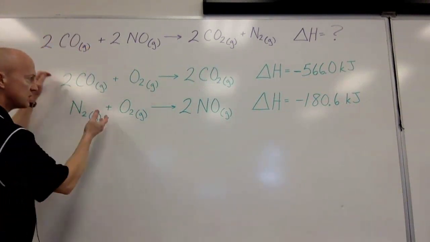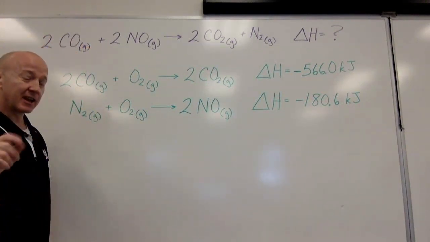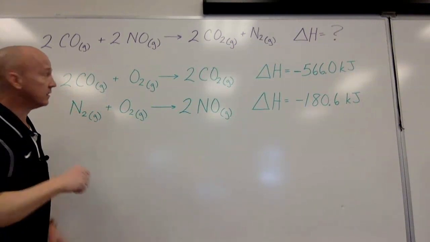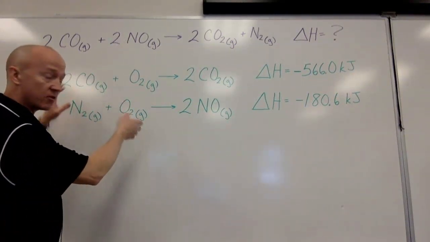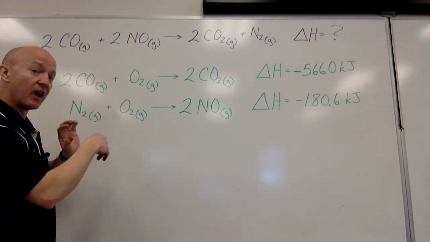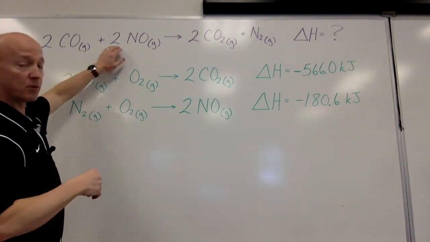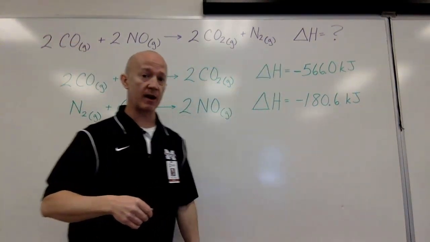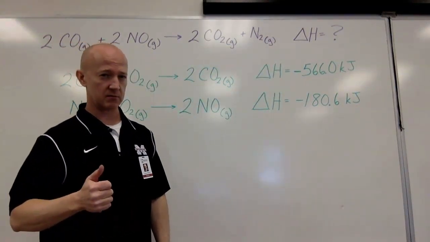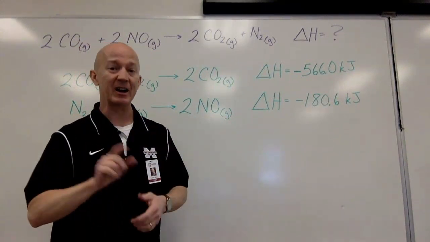So use these 2 reactions like I did with the reaction in the beginning to find this reaction. You're going to add these together in such a way, right? Rearrange them if you have to, and come up with this reaction, and then how much enthalpy do you have from it? Get it? Okay, I know you can do it.